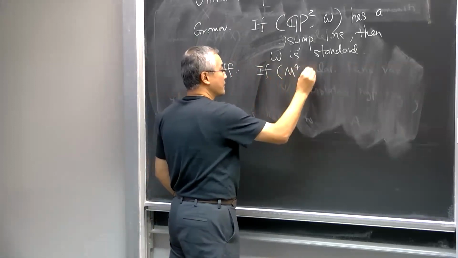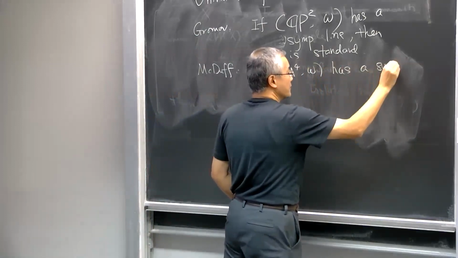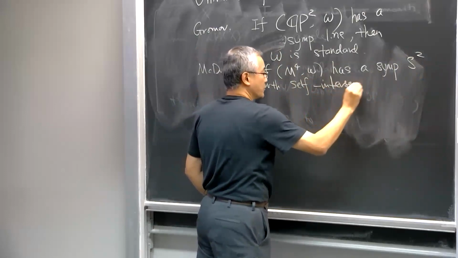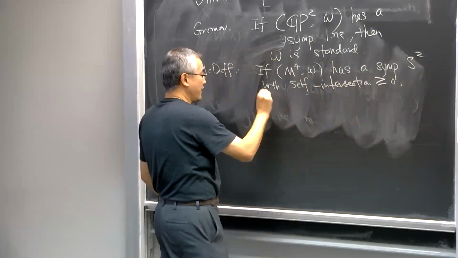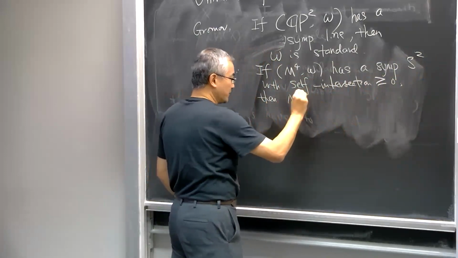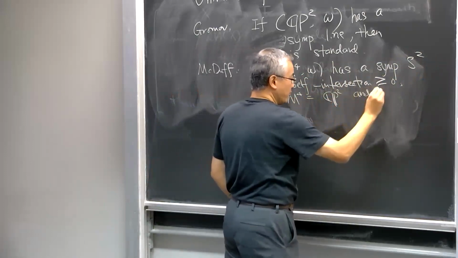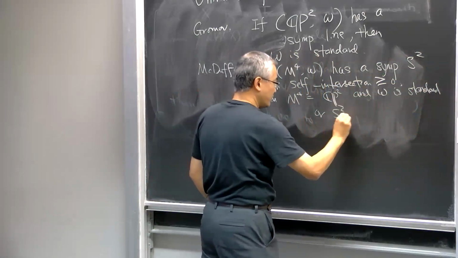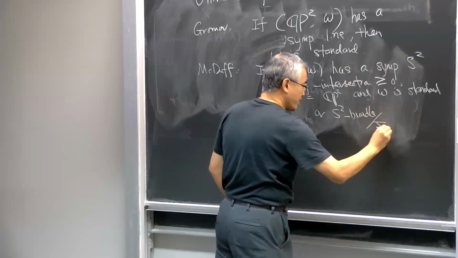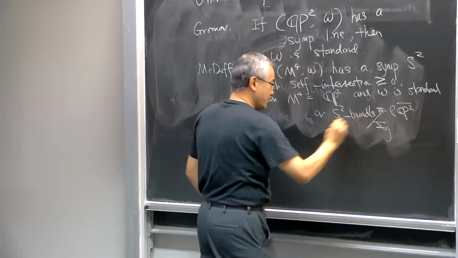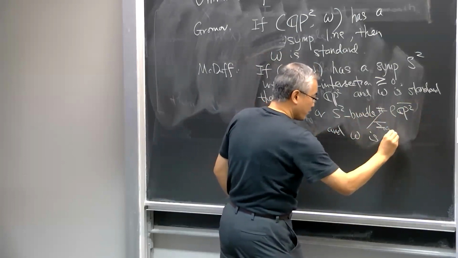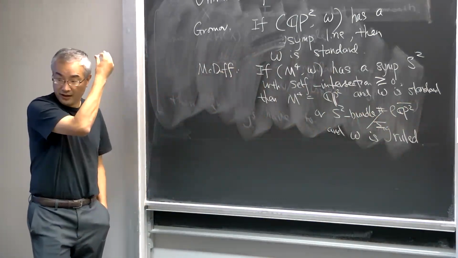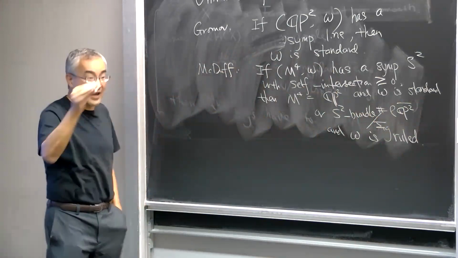If M has a symplectic sphere, then M is either CP2 with omega standard, or a bundle over a Riemann surface, and omega is ruled, in the sense that there is an S2 fibration on the four-manifold such that each fiber is symplectic.